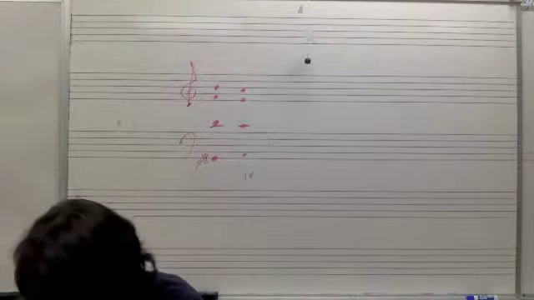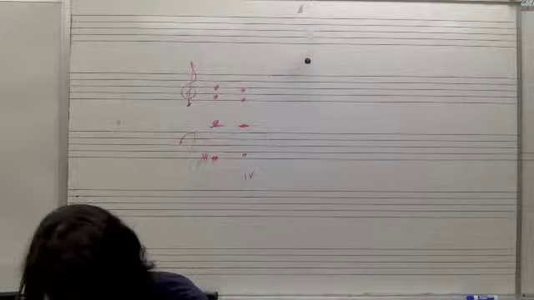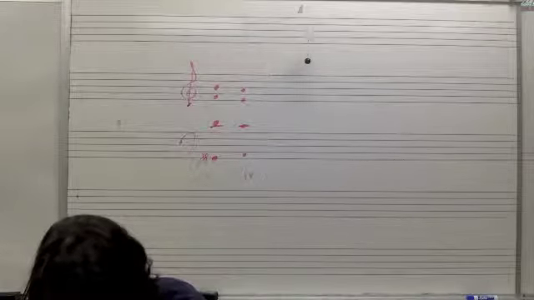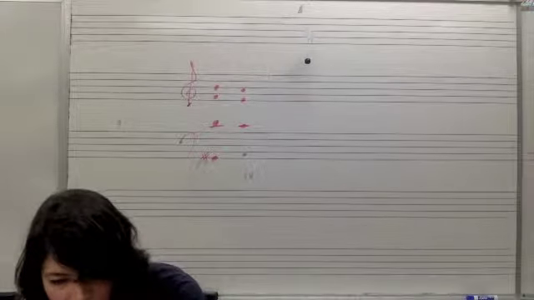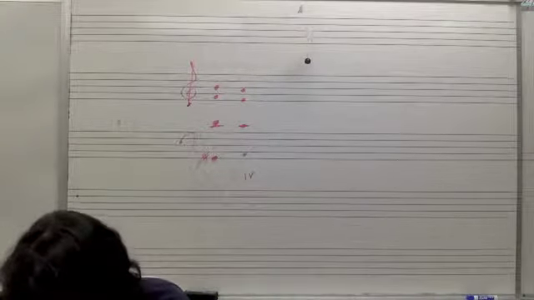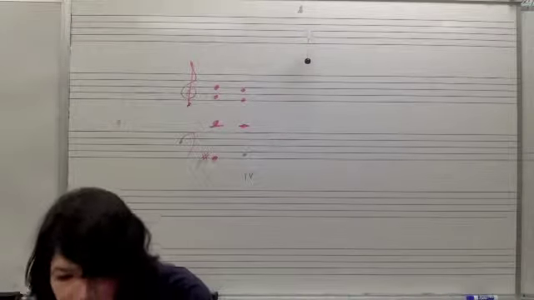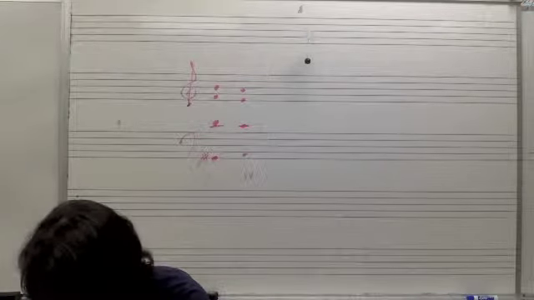All right? So this G sharp cuts everything out. Right? So it's fully diminished. All right? But it's still going to resolve the same way to the 6.